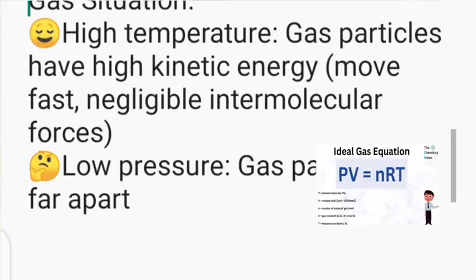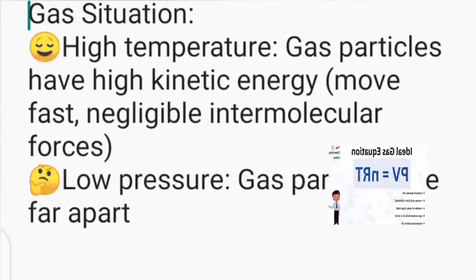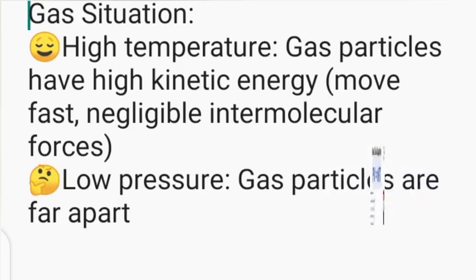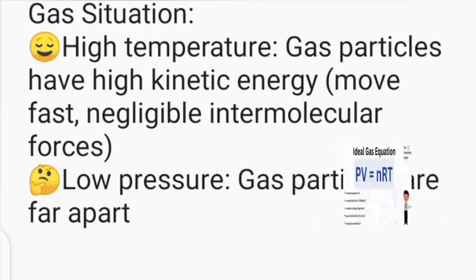But what is the ideal gas law about? In a normal gas situation, at high temperature, the gas particles have high kinetic energy and move very fast. They have negligible intermolecular forces, and under low pressure, the gases are far apart.